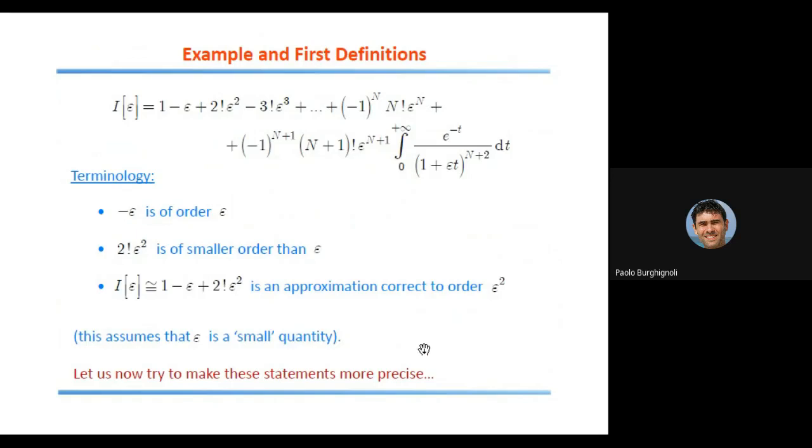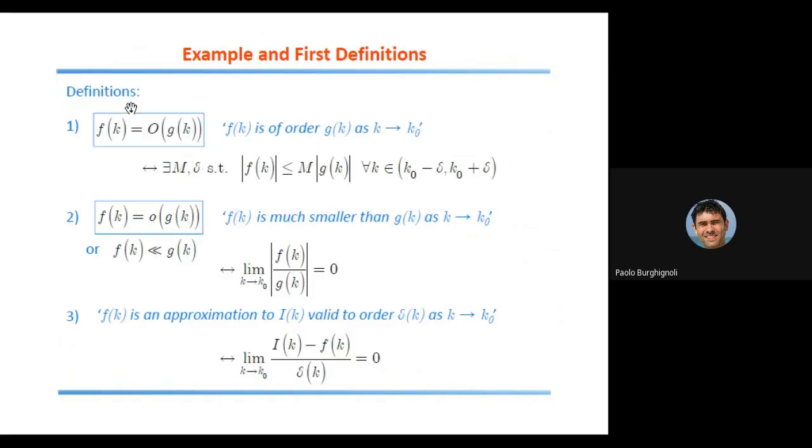What do these statements mean exactly? Let us define formally some symbols. For example, we have the big O symbol. These are the so-called Landau symbols. Landau was a great physicist who studied many things, among which asymptotics.